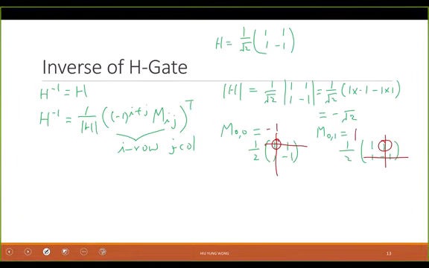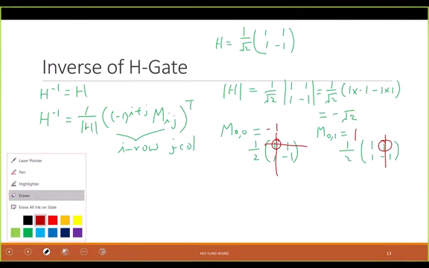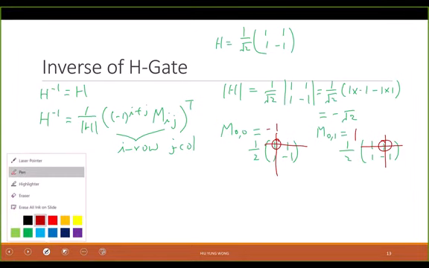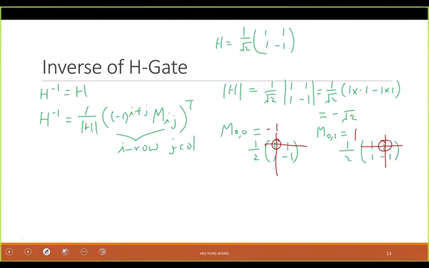Yes, you're right. That becomes 1, 1. I'm sorry. Thank you. So still 1. Why is the first one negative 1? Because you remove this row and this column, you only have negative 1 left.